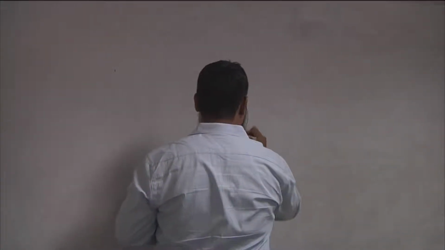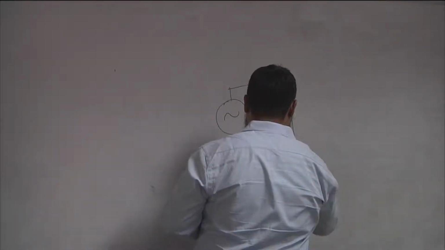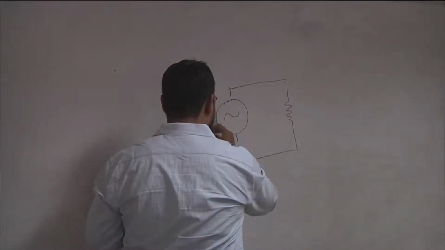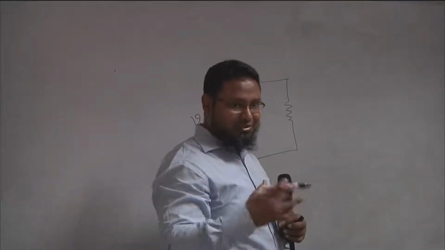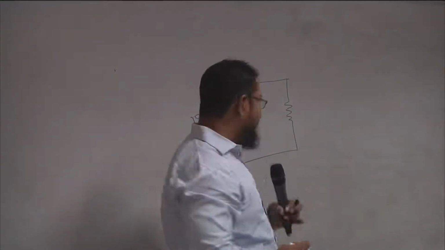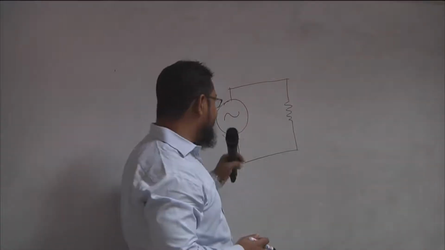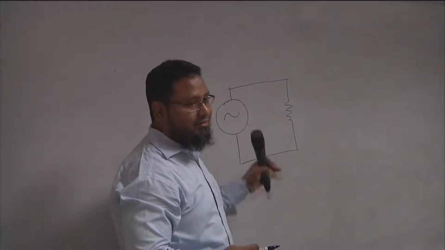You have an AC circuit and you just have one resistor connected to that. Of course, in this case, the voltage across the resistor becomes the source voltage because it's the only thing connected across the voltage source, right? So obviously, for this case, the source voltage is the voltage across the resistor.